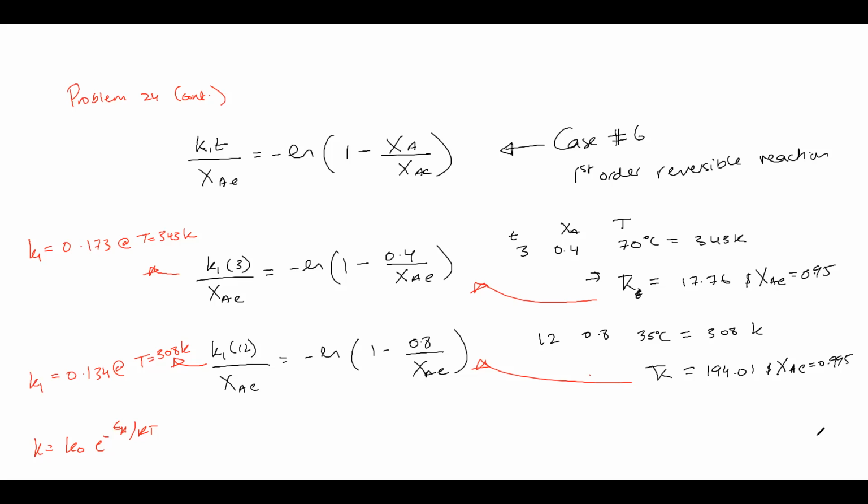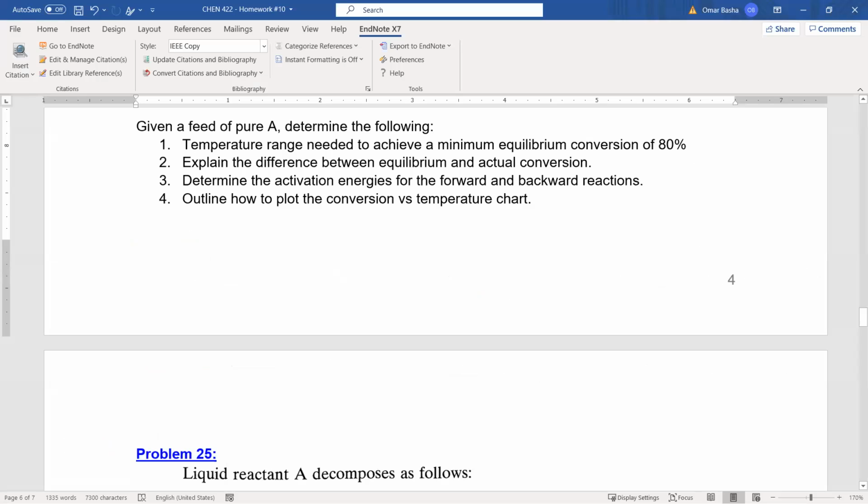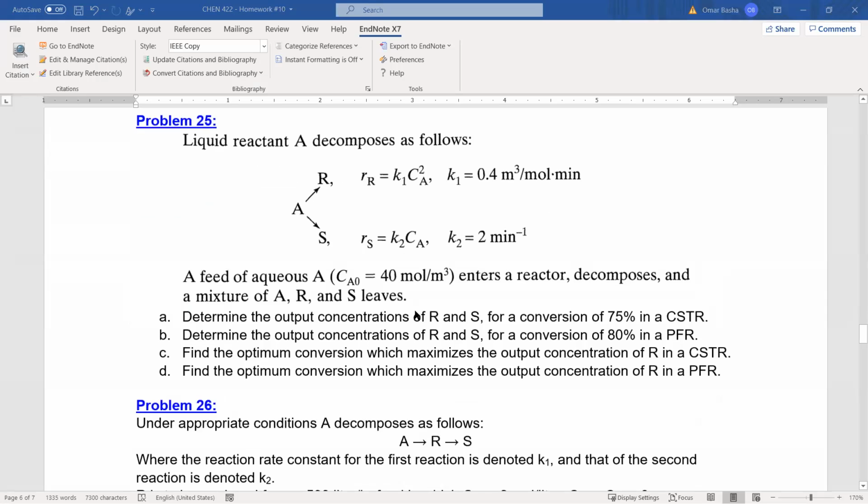Problem number 25. Liquid reactant A decomposes as follows: A goes to R with rate k1 CA squared, or A goes to S with rate k2 CA.